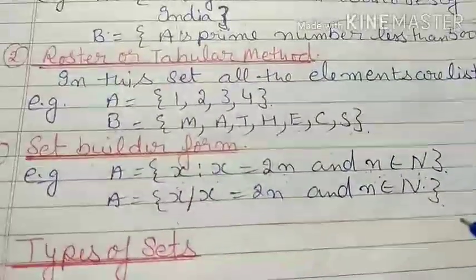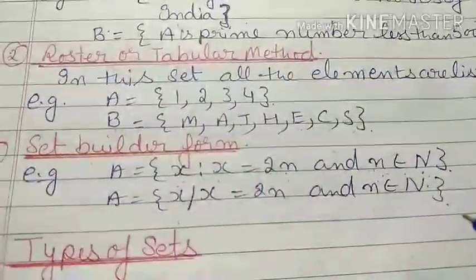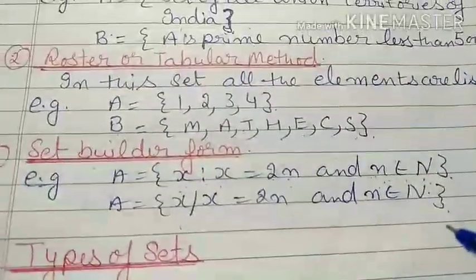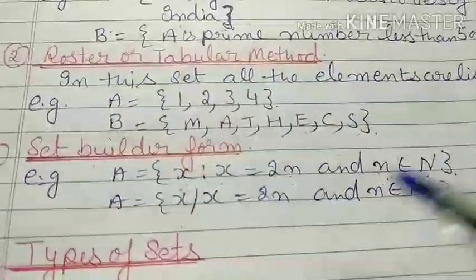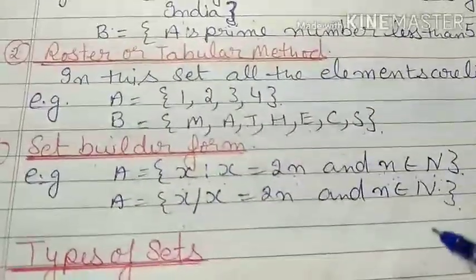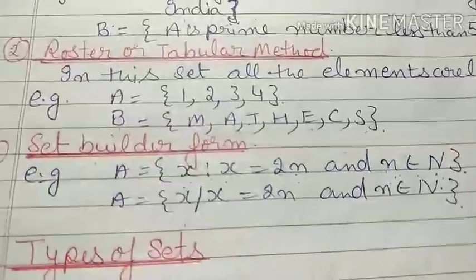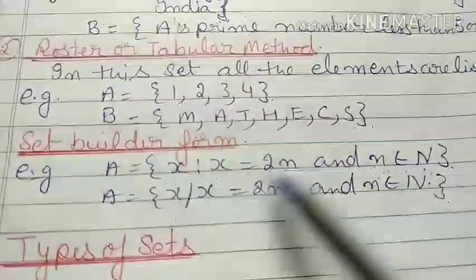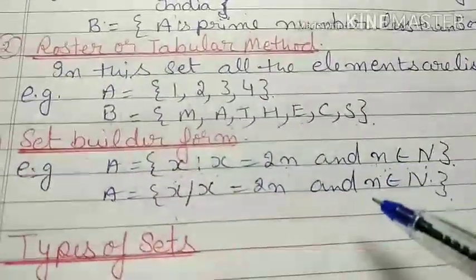If no limit is given on how many natural numbers we are using, that becomes an infinite set, meaning there is no limit to that set. So if you elaborate x is equal to 2n, that is an infinite set. This type of infinite set you always present in set builder form.